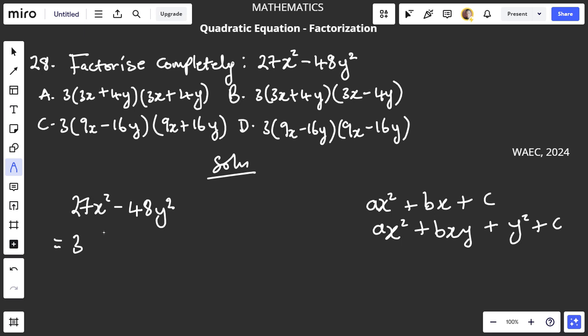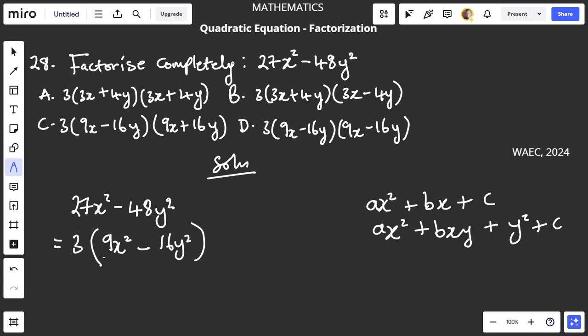So if 3 divides 27, how many times? That would be 9 times. So we write here 9x squared, and 3 will divide 48 how many times? 16 times, minus 16y squared.